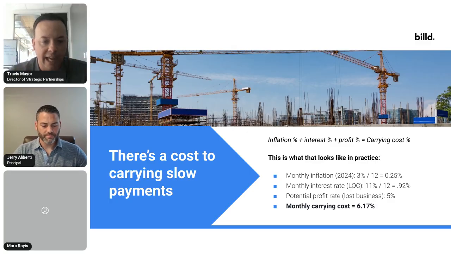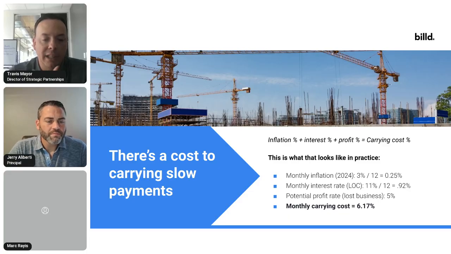Just to recap, knowing how much slow payments can cost everybody is not meant to be a depressing exercise, right? This isn't meant to be doom and gloom of the industry. It's really meant to help you understand your business better so that you can be accounting for costs appropriately and then taking steps ultimately to reduce those costs and manage them as much as possible, right?